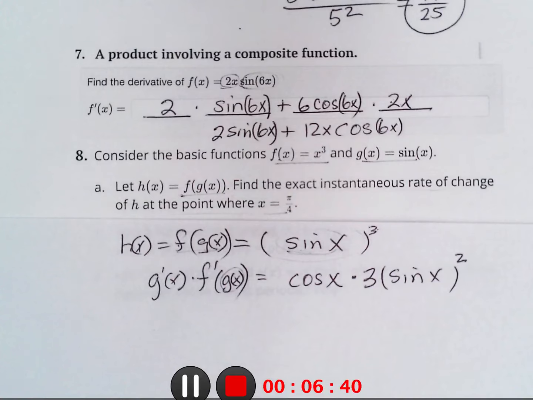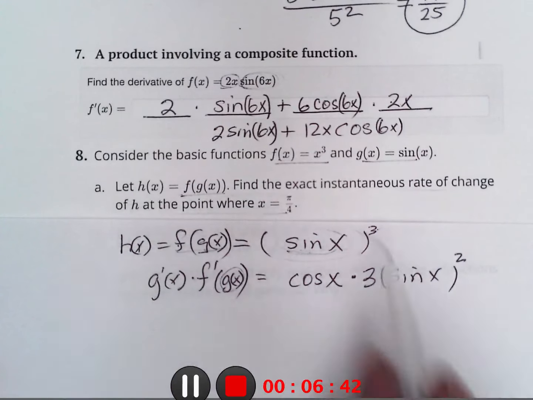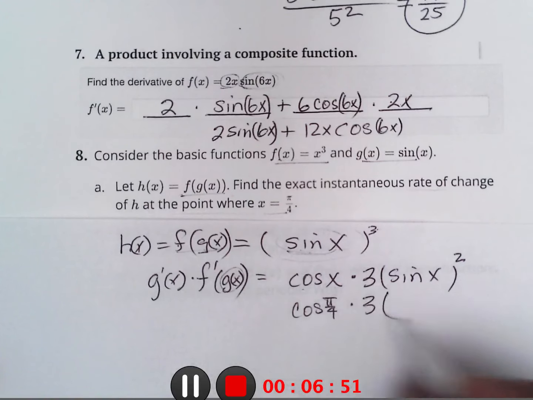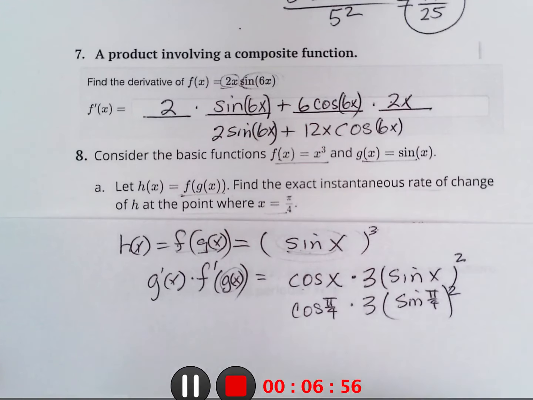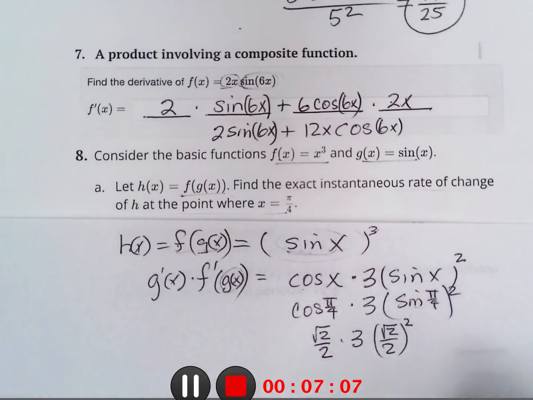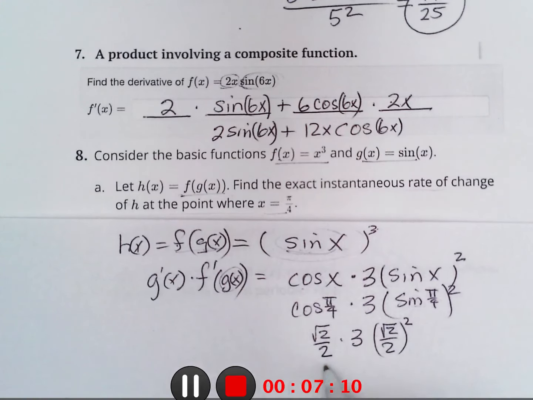And then we're supposed to find this at pi over 4. So we have the cosine pi over 4 times 3 sine of pi over 4 squared. So we got the square root of 2 over 2 times 3 times square root of 2 over 2 squared, which is the square root of 2 over 2 times 3 over 1 times square root of 2 squared is 2 over 2 squared is 4.